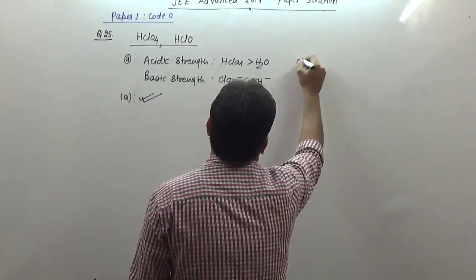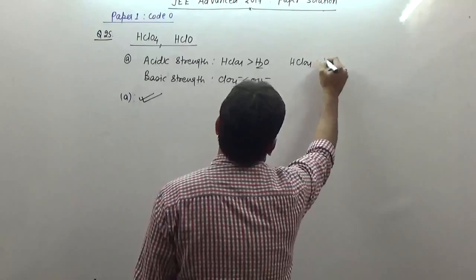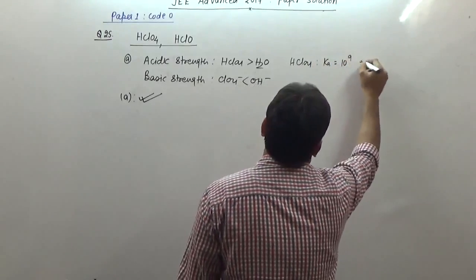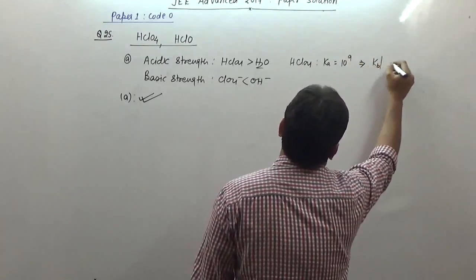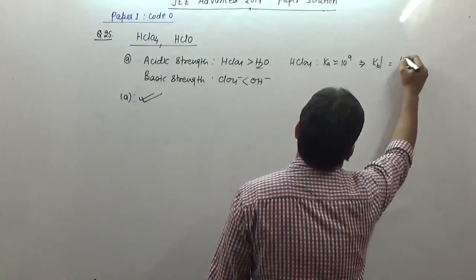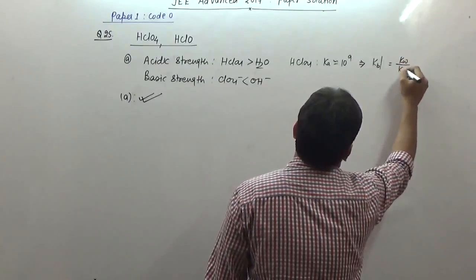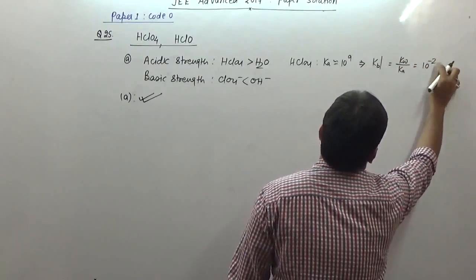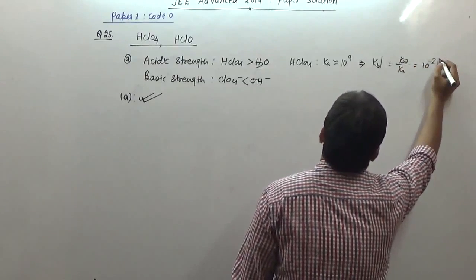If you look at the HClO4 Ka value, that will be approximately 10 power 9. So Kb of the conjugate base will be approximately Kw upon Ka, that will be equal to 10 power minus 23.